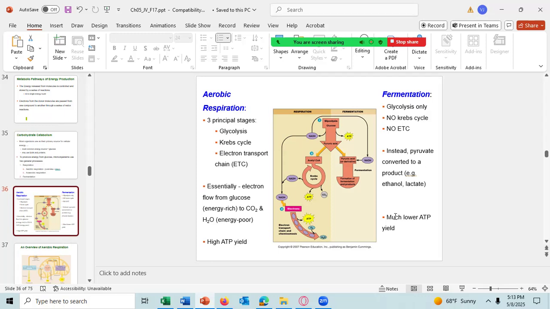In fermentation, the pyruvate is converted to the end product of fermentation, and there are different end products depending on which fermentation pathway we're using, but the ATP production is much lower in fermentation than in aerobic respiration. Any questions about this overview?